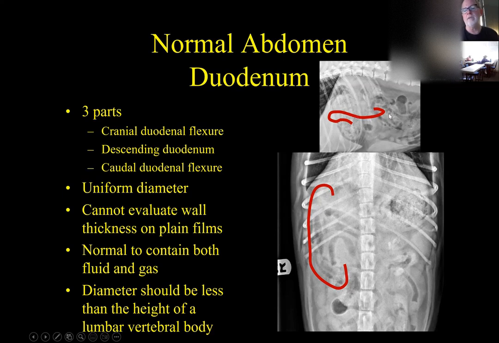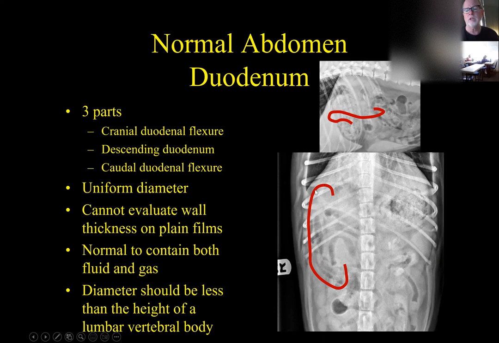In a cat, this is the same on the lateral view, but typically the descending duodenum lives a little bit more towards midline, somewhere over this way instead of being the lateral-most bowel. Also, when we talk about ultrasound, remember this drawing, because with ultrasound you can typically find the duodenum in a dog right here.